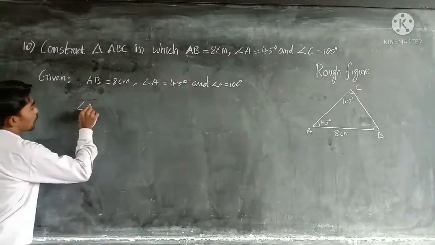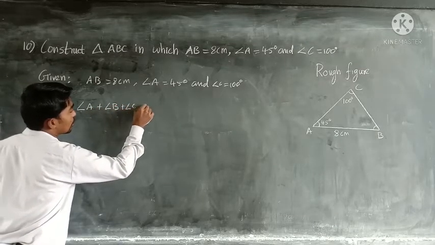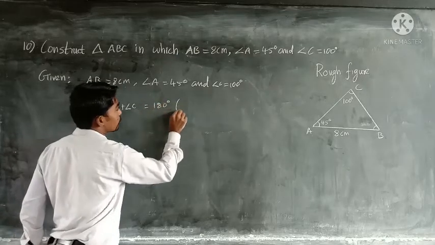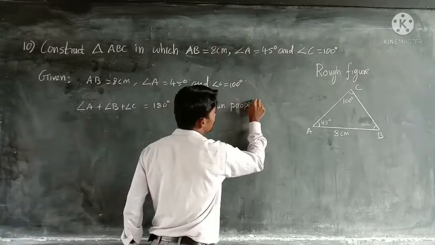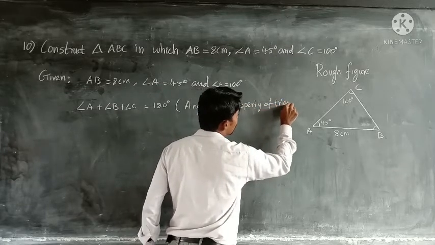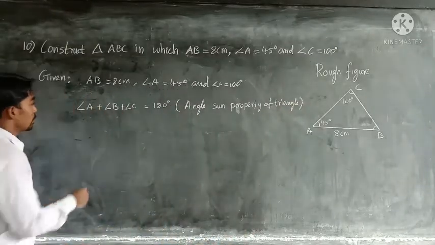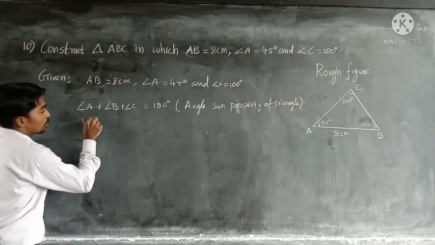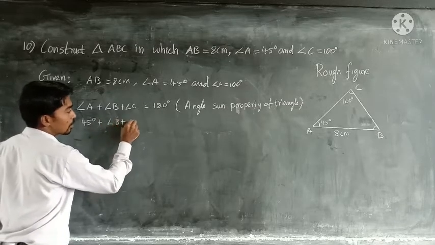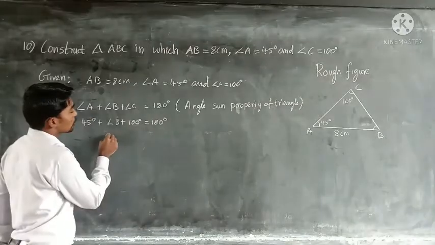Therefore, angle A plus angle B plus angle C is equal to 180 degree. Angle A we know that is 45 degree and the angle B is unknown, keep as it is, and the angle C is 100 degree is equal to 180 degree.